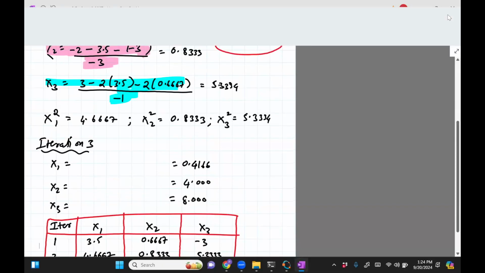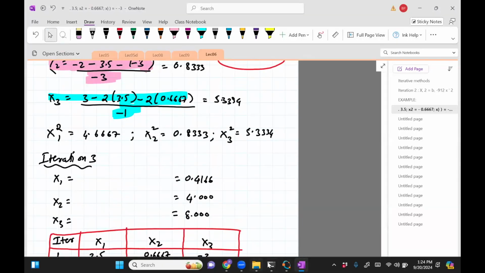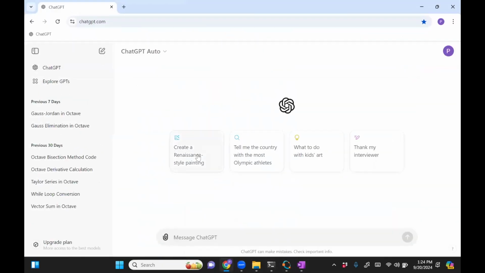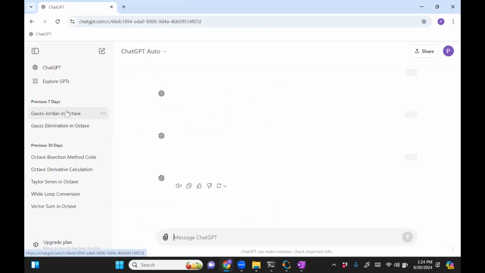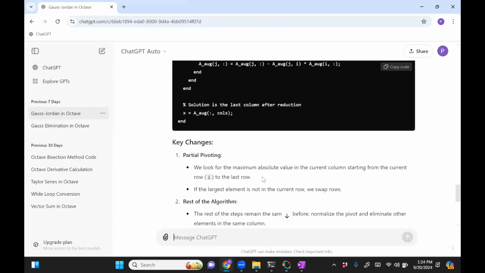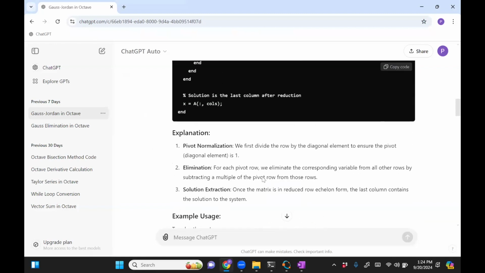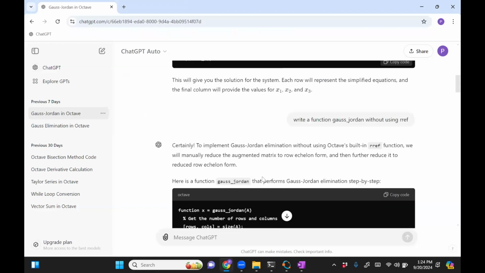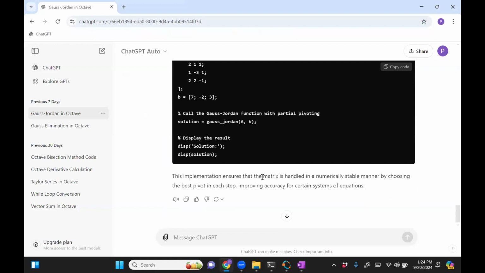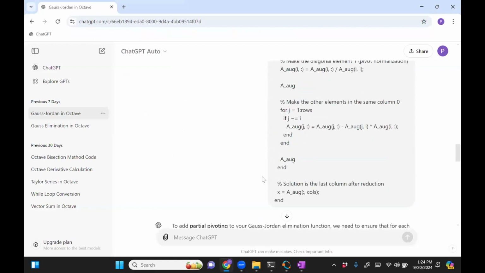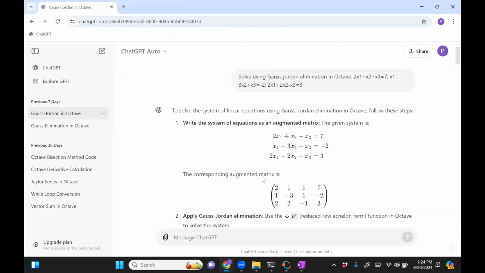So let's see. I have, this was the last problem I solved, Gauss-Jordan. So it's the iterative methods. I'll basically do a new chat. I'm just going to rely on this.